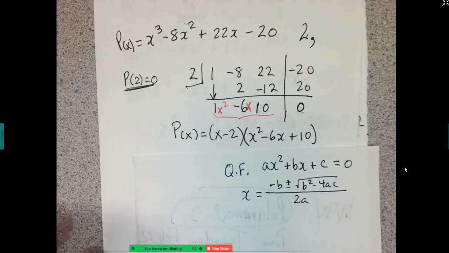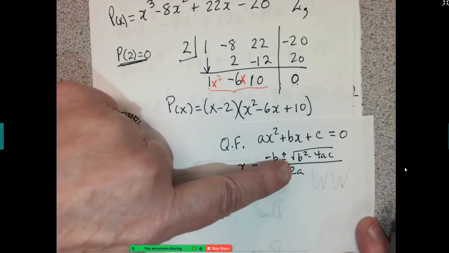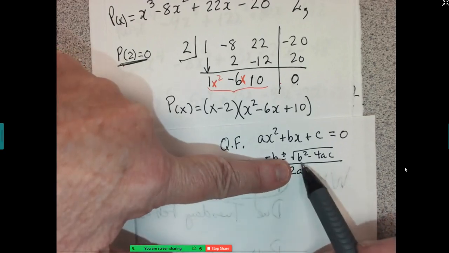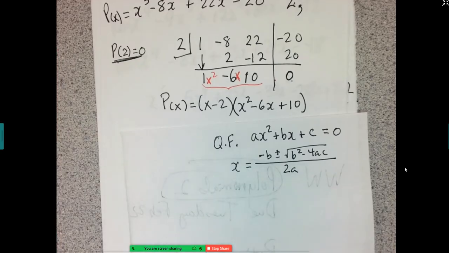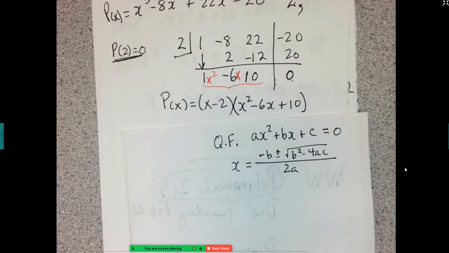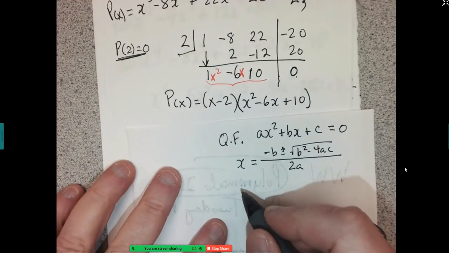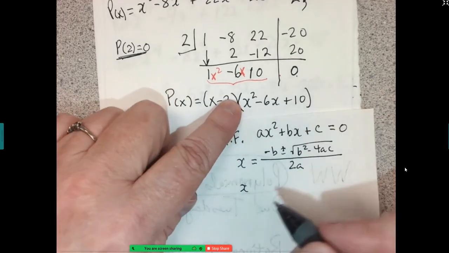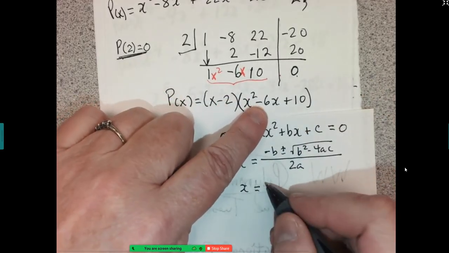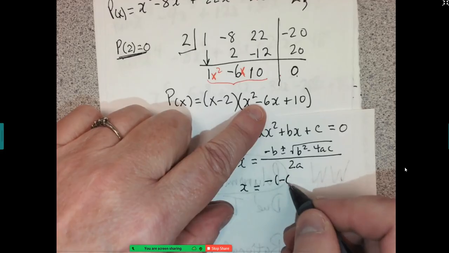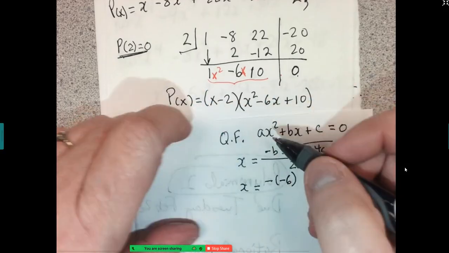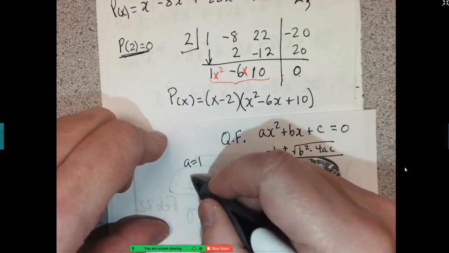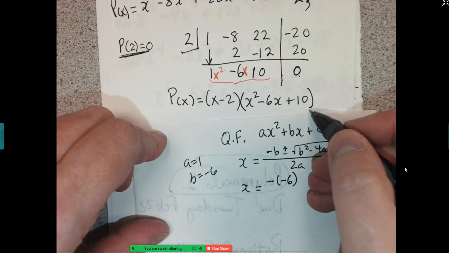So often I'll look at students' work and I'll see that they only put the fraction part over the square root, and they had this out the front, and that's not correct. The whole thing goes over 2 times a. So for this one, my zeros are going to be negative b, so the negative of -6, because a is 1 for this problem, b is -6, and c is 10.